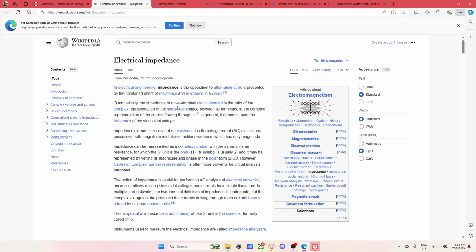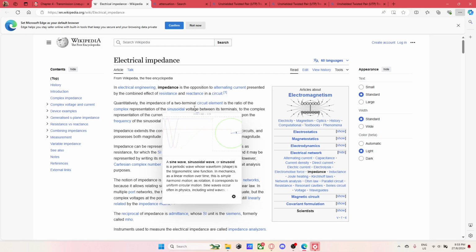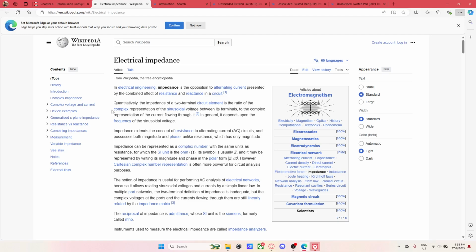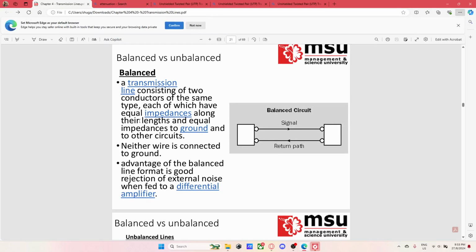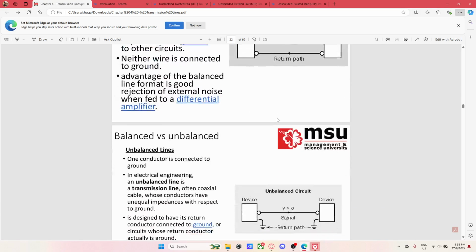For a two-terminal circuit element, it is the ratio of the complex representation of the sinusoidal voltage between terminals to the complex representation of the current flowing through it. In general, it depends upon the frequency of the sinusoidal voltage. Okay, that is impedance. Neither wire is connected to the ground, and the advantage of the balanced line format is good rejection of external noise when fed to a differential amplifier.